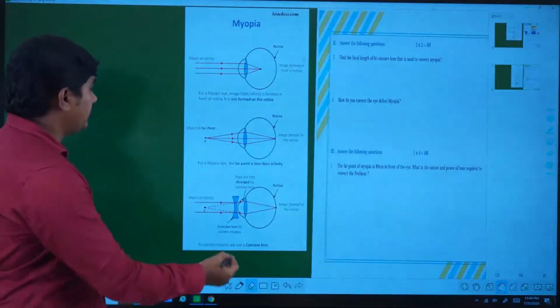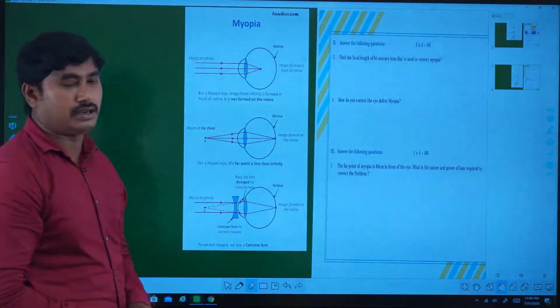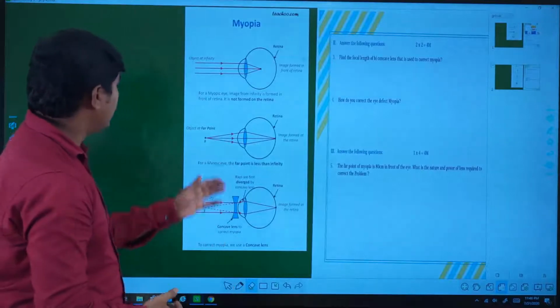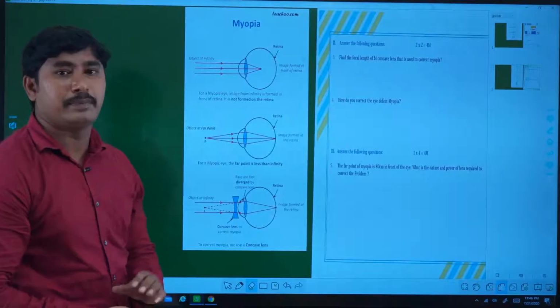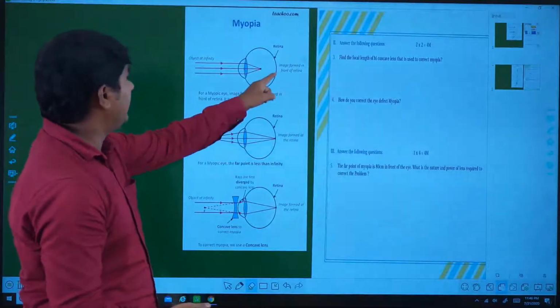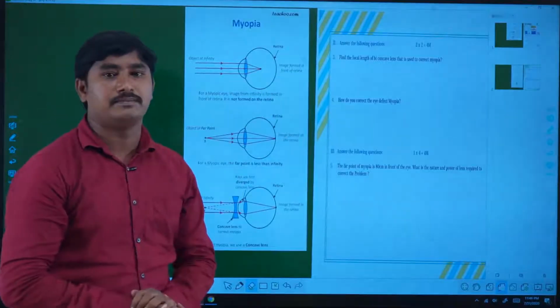In case the object is beyond the far point, people can't see the object, and the image is formed behind the retina.